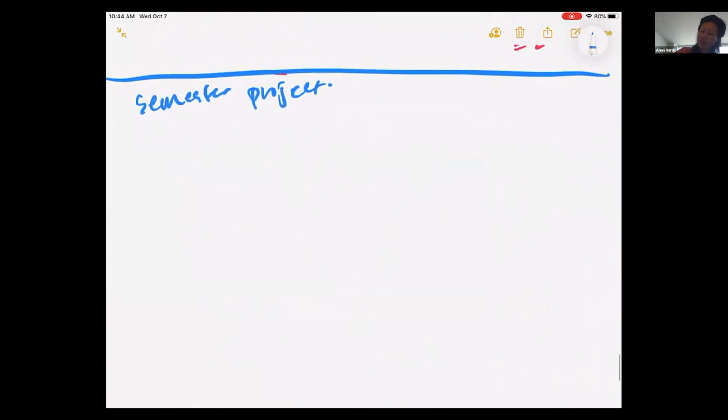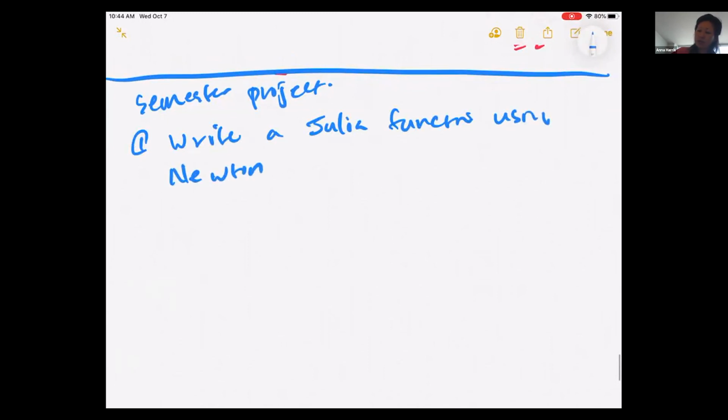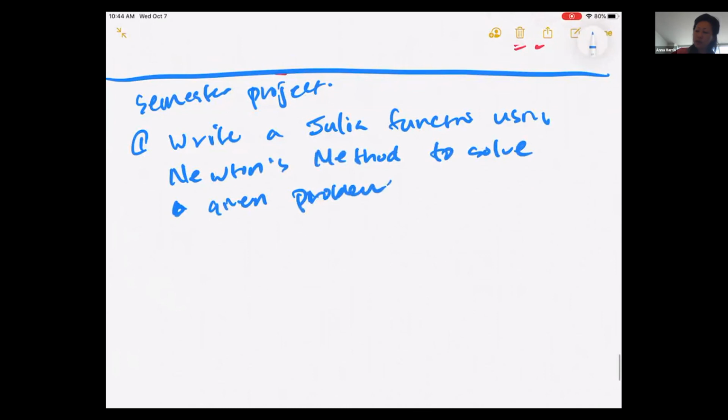Semester project. Write a Julia function using Newton's method to solve a given problem.